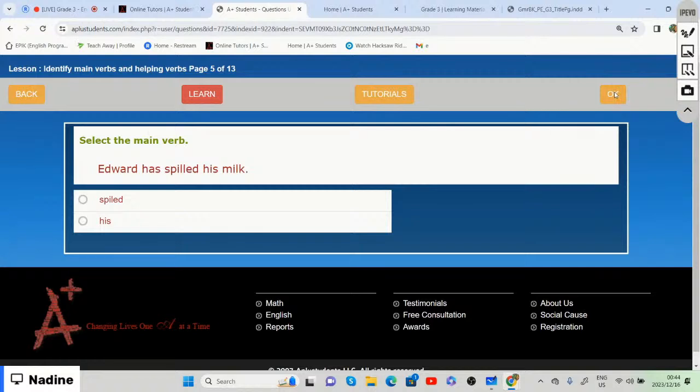And now, once again, we need to select the main verb. Edward has spilled his milk. So we need to select the main verb. Is it spilled or his?